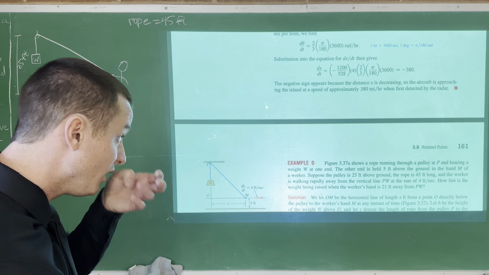We're looking at this right triangle right here. This doesn't change, it's 20. So r is equal to the square root of x squared plus 20 squared. And we have our x, it's 21, because we're talking about the time when it's 21. So I need to somehow relate y to x. That's my goal here.